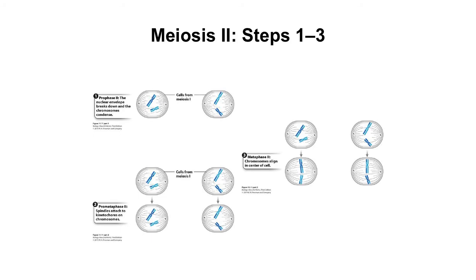So let's go over briefly the steps of meiosis 2. In prophase 2, the nuclear envelope again breaks down, and the chromosomes once again condense. In prometaphase 2, the spindles again attach to the kinetochores of the chromosomes, and in metaphase 2, chromosomes again align in the center of the cell, individual chromosomes, just like in mitosis.